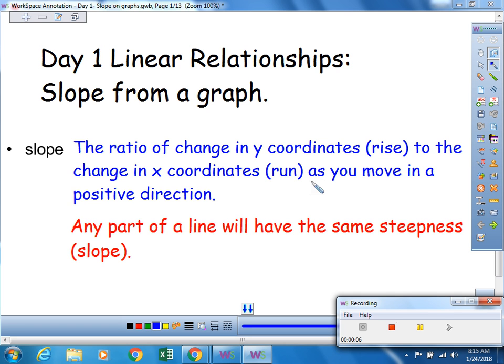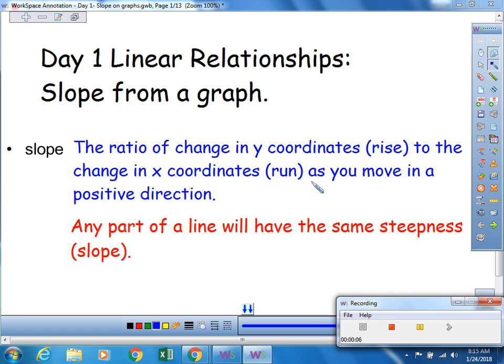So we're going to get slope from a graph. So slope is the ratio of the change in y, which is the rise, over the change in x, which is the run. Okay, so if you think about a graph, so here's a graph. If I'm going from here to here, this is the y-axis, and so that's the rise.